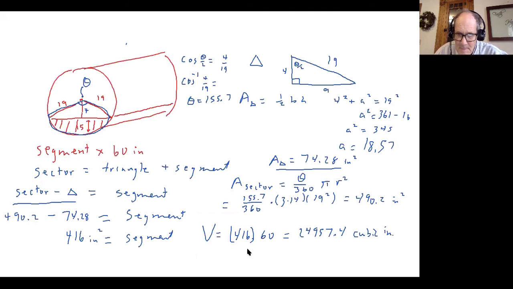Once again, divide by, since 1 gallon equals 231 cubic inches. Getting a little bit hard to read, so go back to our calculator.